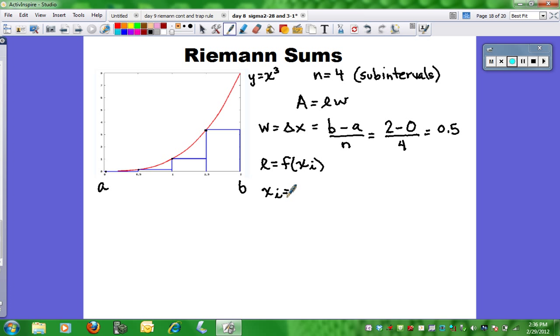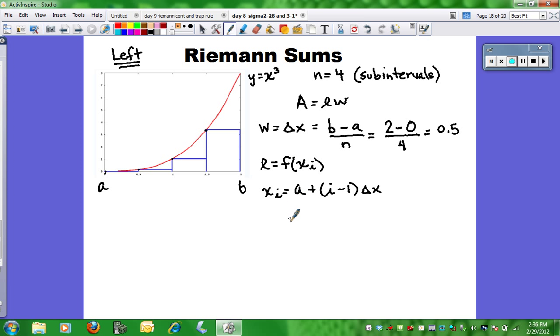But before we can do that, we need to define what x sub I is going to be. X sub I for left endpoints is going to be a plus I minus 1 times delta x. That formula generates each one of these values of x that we're going to use in our function to find length.